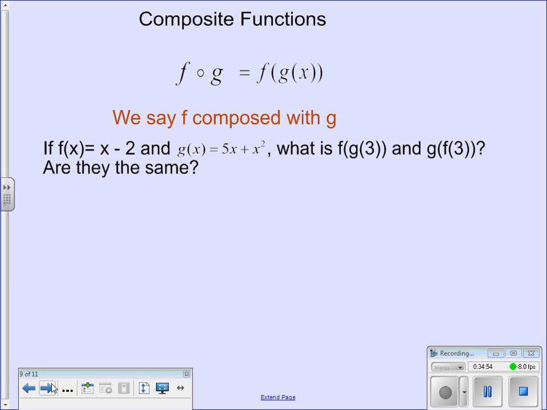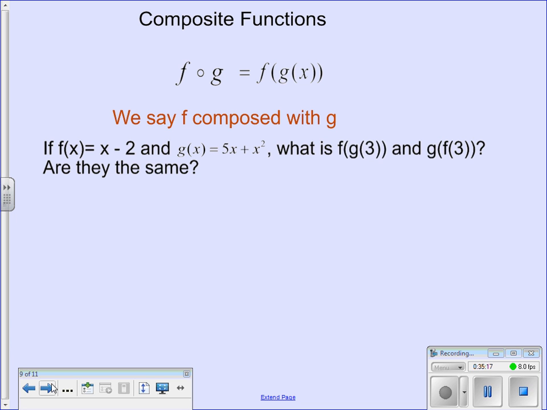F composed of g. And I know you've done compositions before. Compositions are easy. F composed of g of x, or f composed with g. I like to say of. You can say of, you can say with.